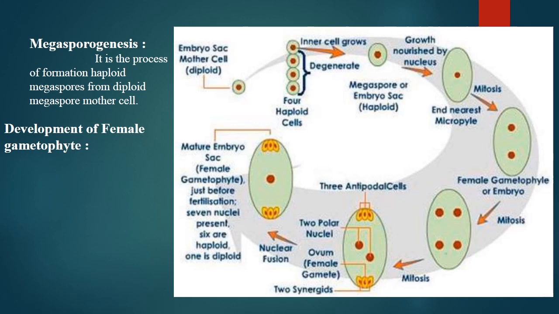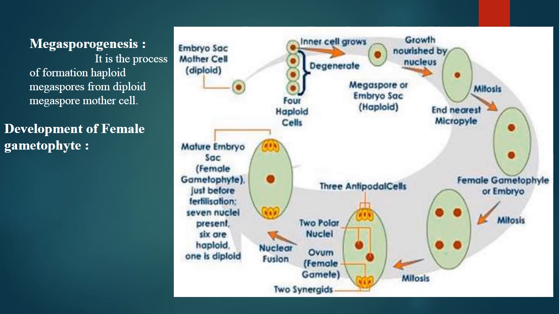Generally 1 megaspore towards the center is the functional megaspore. One nucleus from each pole migrates toward the center, called the polar nuclei. 3 nuclei toward the micropylar end constitute the egg apparatus. Antipodal cells are a group of 3 cells present at the chalaza end. The 8-nucleate structure is called the embryo sac.